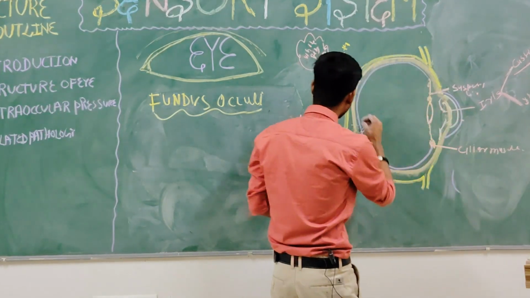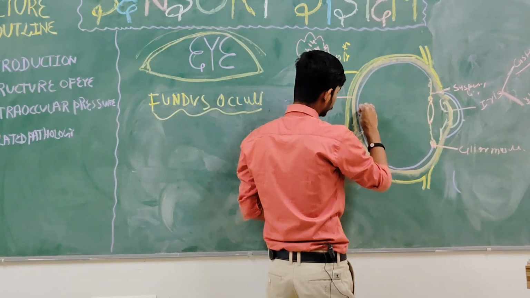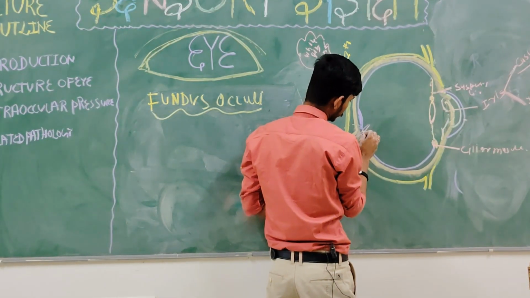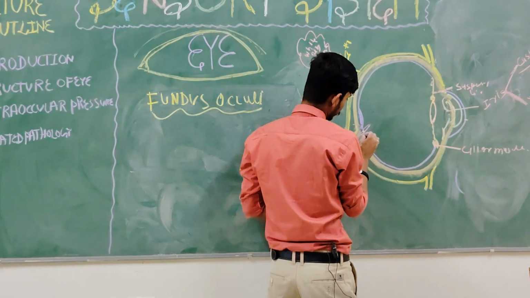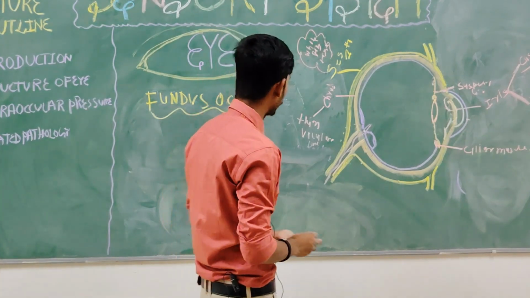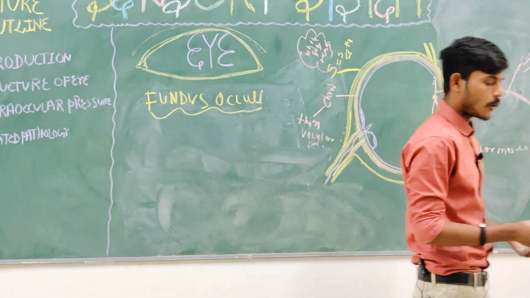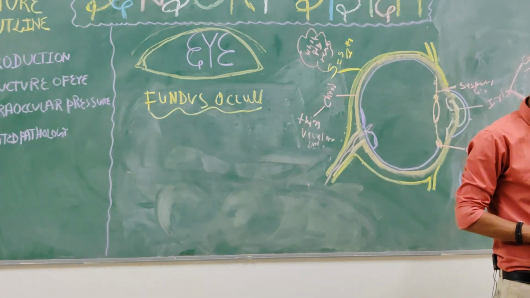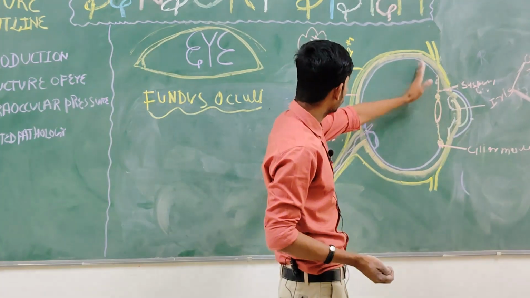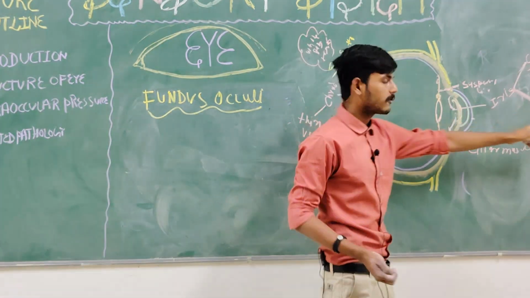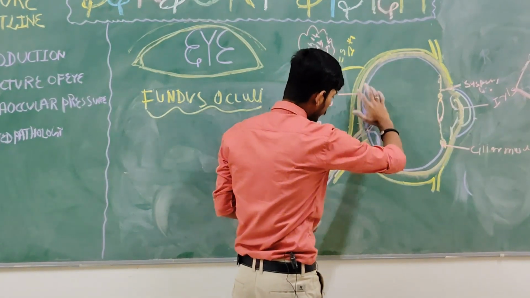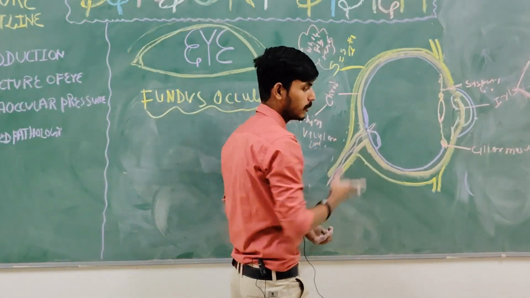This part is a bit dilated. These are called the fundus oculi of the eye. It is present in the posterior inferior portion of the eye. If you are looking from here, this is the anterior portion, this is the posterior portion, so it is present mainly in the posterior inferior part of the eyeball.